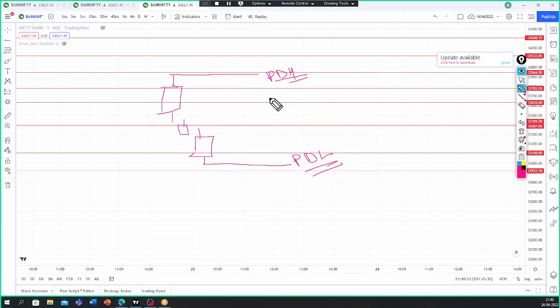Now this candle is closed here. If your opening is here next day, so there is a gap, right? This gap up below PDH is called partial gap up.